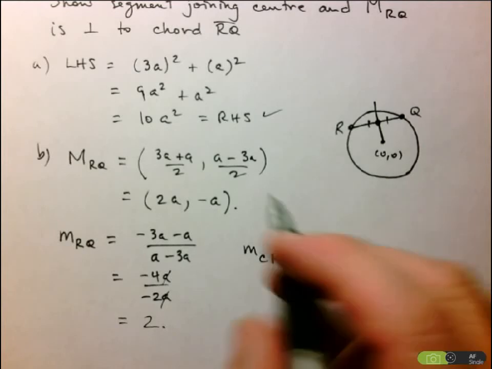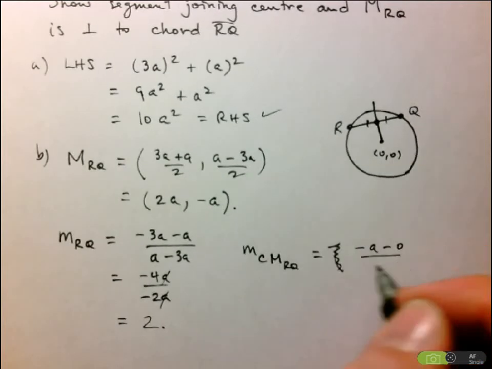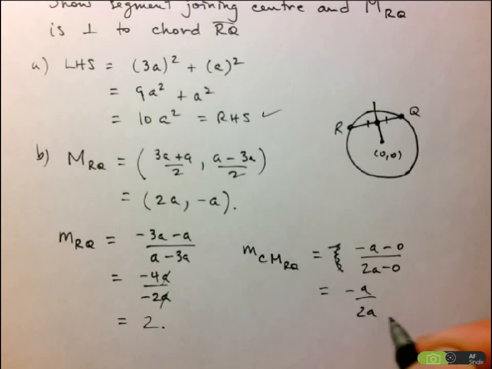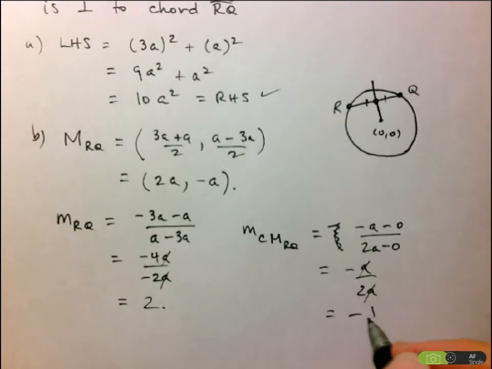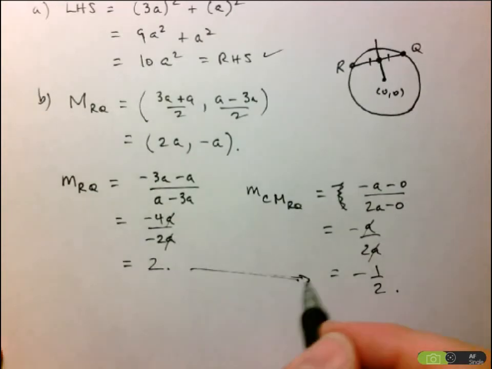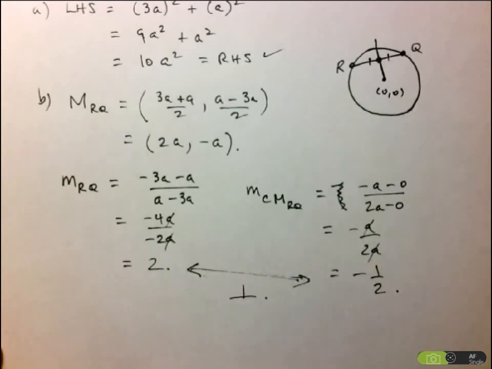So we'll do negative a minus 0, the difference in the y values, over the difference in the x values, 2a minus 0. So here we're left with negative a over 2a, and we see that the a's reduce, and we are left with negative 1/2. And here we have that these two slopes are negative reciprocals of each other, hence those two lines are perpendicular. And there we go, we've solved the problem.